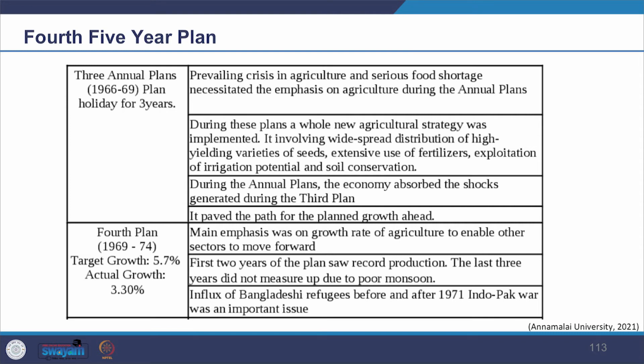You may study more about population in any of the demographic related subjects of planning. The target of the fourth five-year plan was 5.7%. However, we achieved 3.3%, and probably the reason for this was the refugee influx from Bangladesh before and after the 1971 Indo-Pak War and continued inflation.